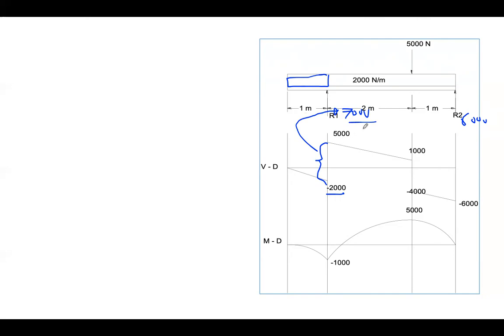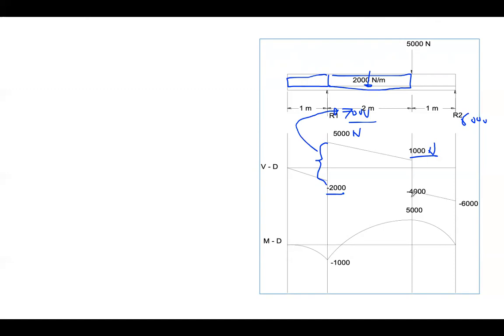Okay? Now, itong area naman, 2,000 yan. Times 2 is 4,000. So kung 5,000 ito, may pababa dito na 4,000, so may matitira pa rin. There's still positive 1,000. Okay, we're talking about Newton. May pababa dito na 5,000, so matitira dito is negative 4,000.